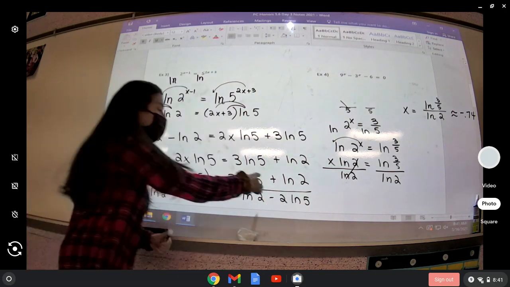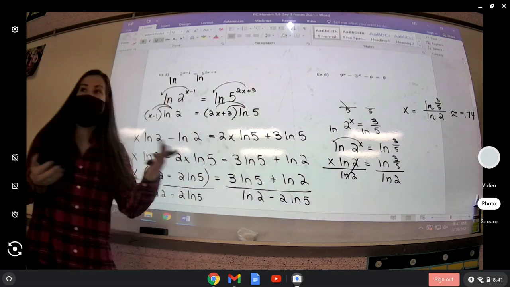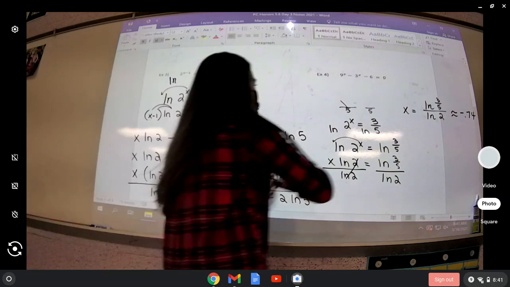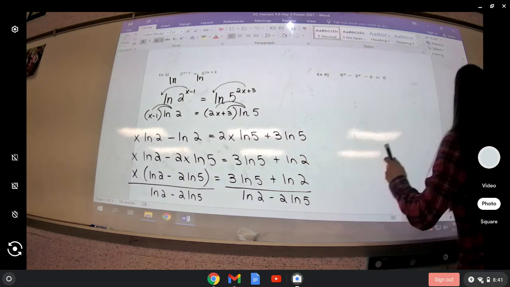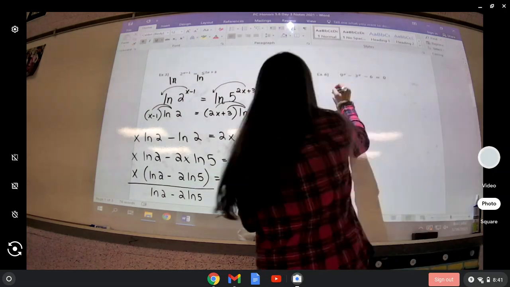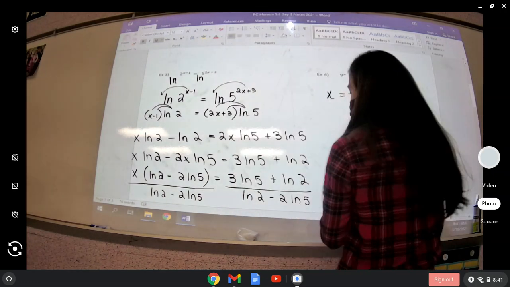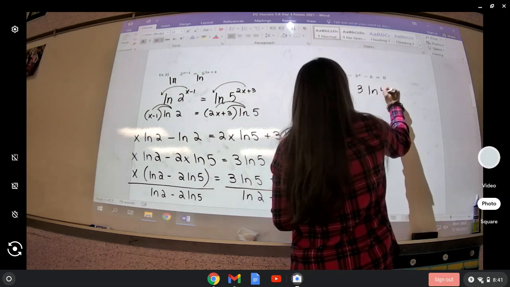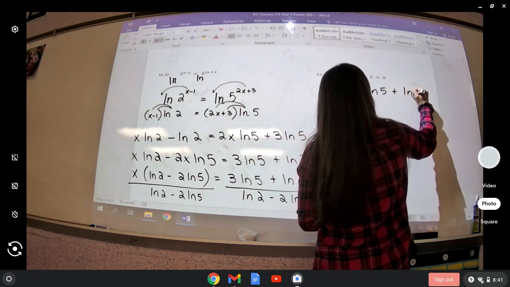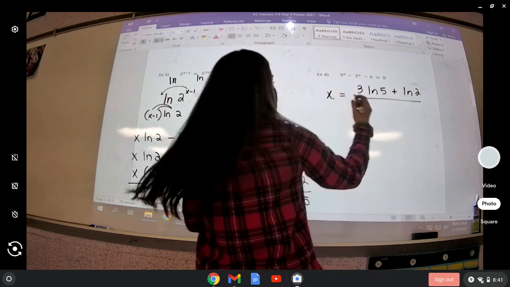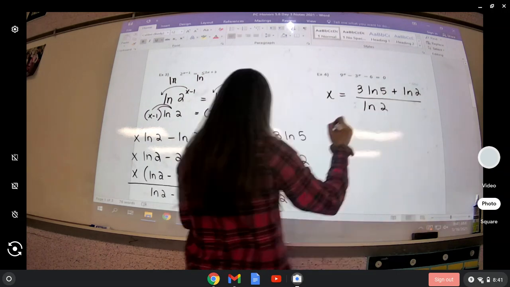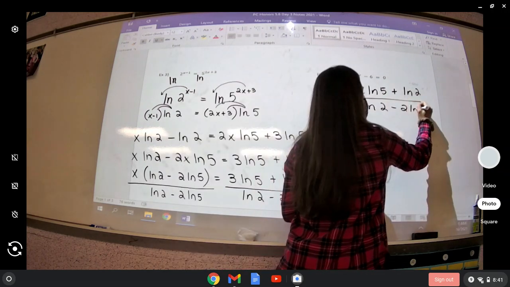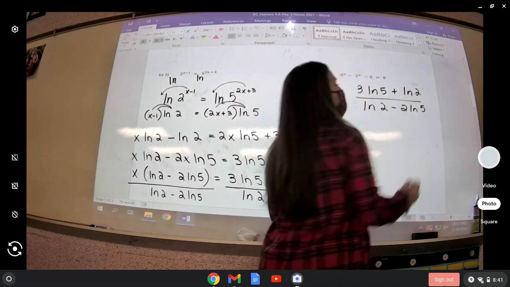And unfortunately, with all this adding and subtracting, we can't cancel any natural logs of 2s or natural logs of 5. So guys, right now you have this. X equals 3 times the natural log of 5 plus the natural log of 2 divided by the natural log of 2 minus 2 times the natural log of 5.